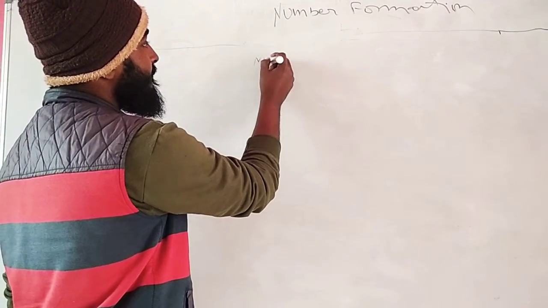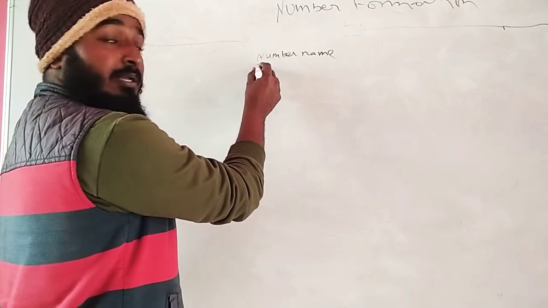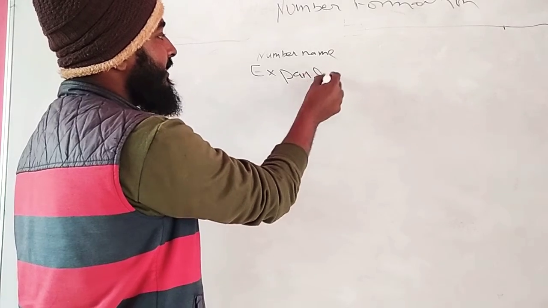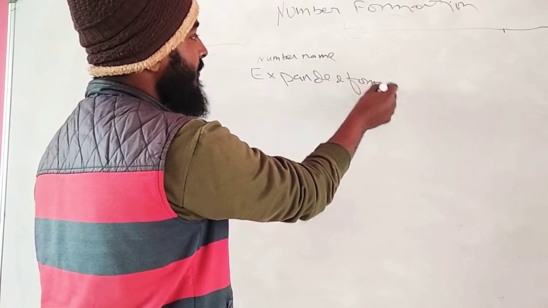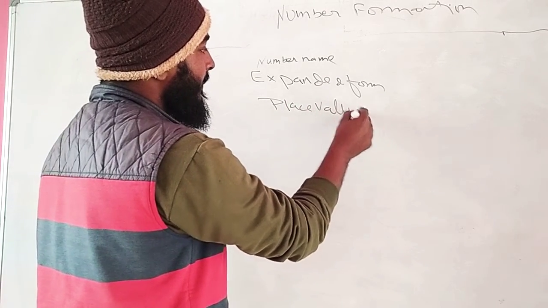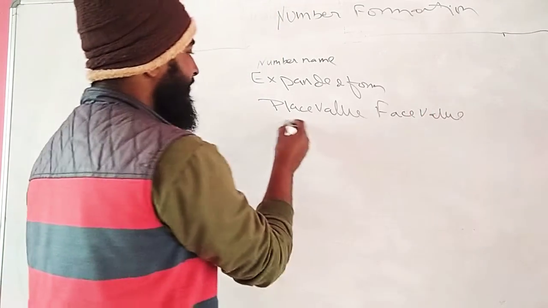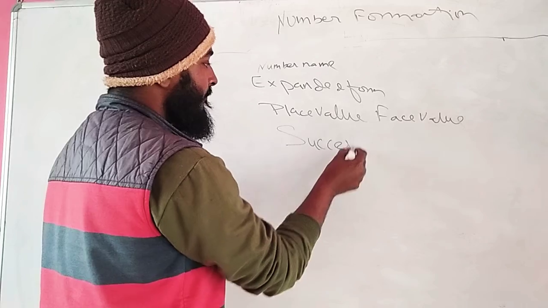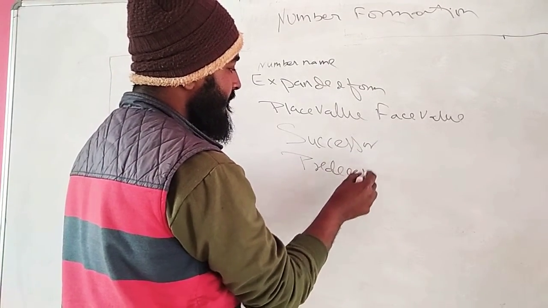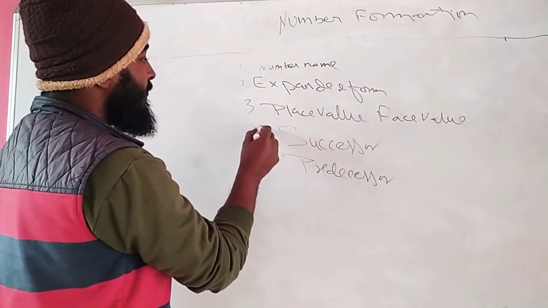Number name, then expanded form, then place value, and then face value, then successor, and then predecessor. This is the topic 1, 2, 3, 4, 5.